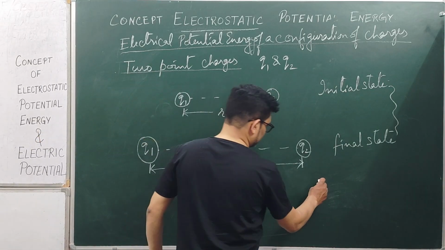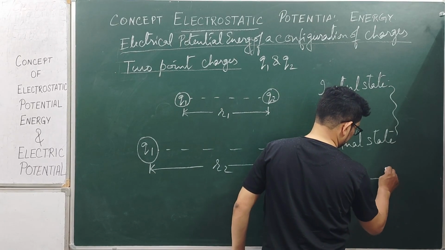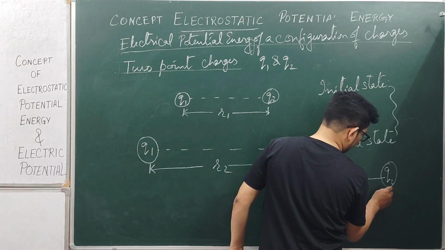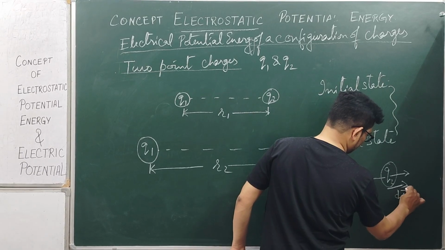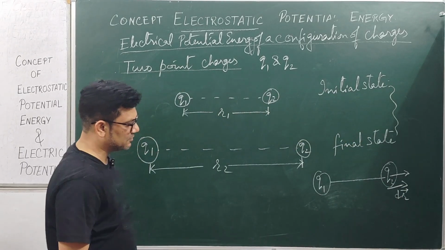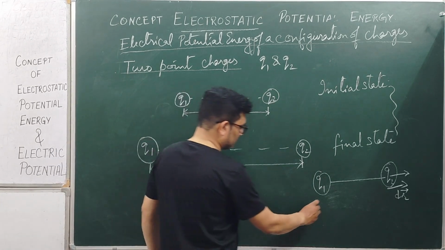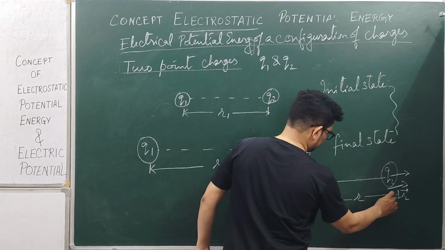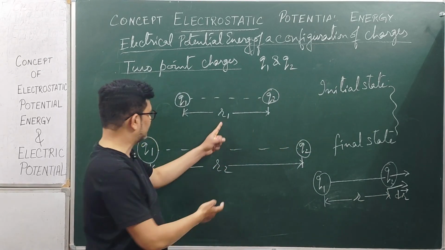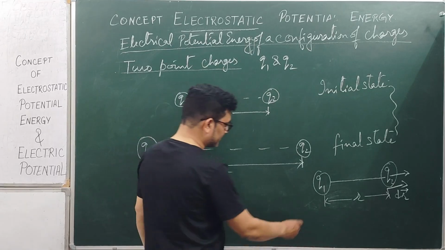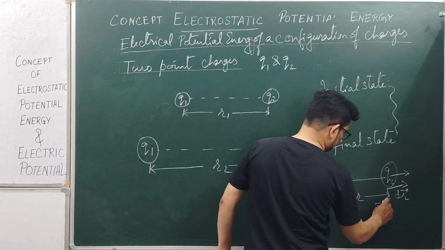Now we are taking into consideration, suppose Q1 is here and we have Q2 here, and in the same direction we are increasing the separation, and we denote the infinitesimally small change in the distance by dr. Initially this is r, right? And we consider this to be dr, and then we will integrate from r1 to r2. If you want to write an expression for the work done, we know the work done by the external force, both are positive, right?